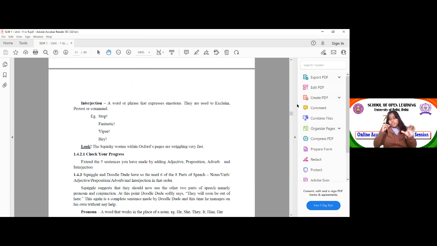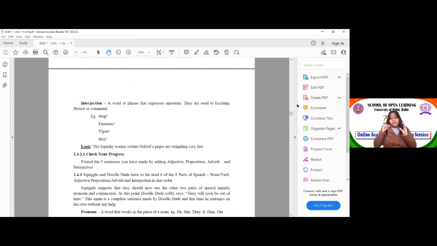Now, the other part of a sentence, we'll see as we go further. So now they've asked you to check your progress and extend the 5 sentences you have made by adding adjective, preposition, adverb, and interjection. So what they have asked you to do is that first you start with making a basic sentence which has a subject, verb, object, which means a noun, a verb, and a helping verb.